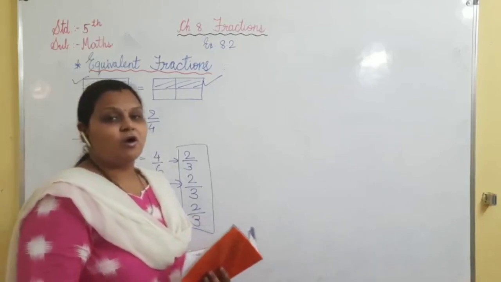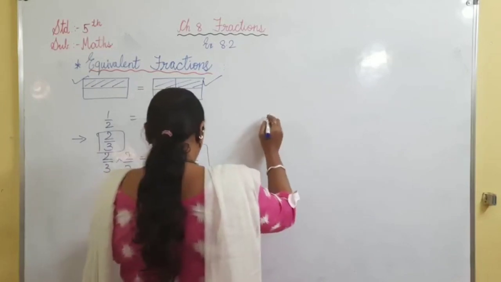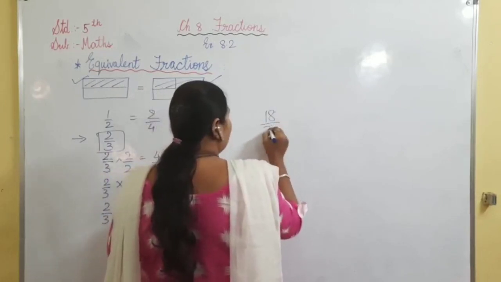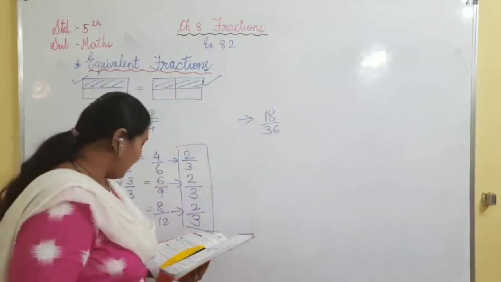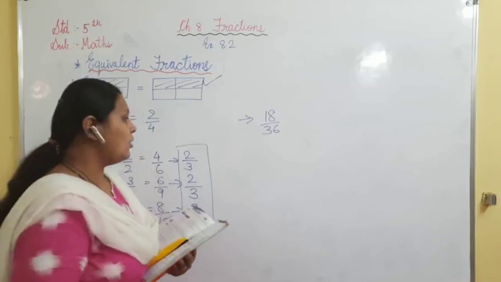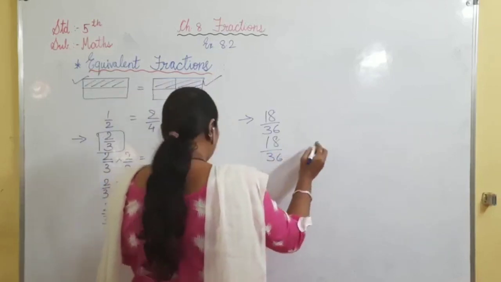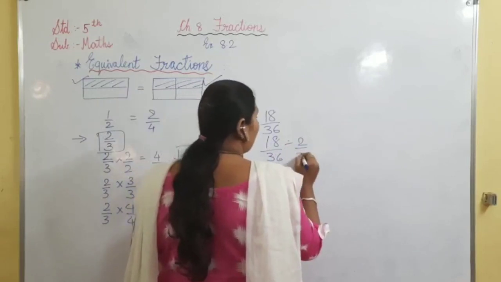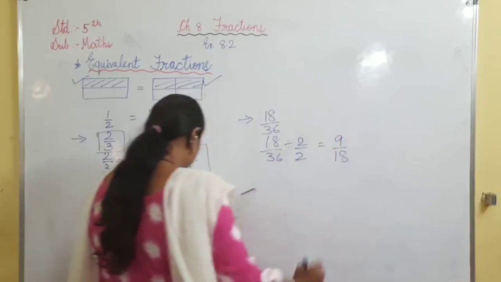Now we will see for division. Find the equivalent fraction of 18 upon 36. This is a number that we can divide by 2, 3, 6 and 9. How? Let's see. 18 upon 36 divided by 2 upon 2, we will get 9 upon 18.